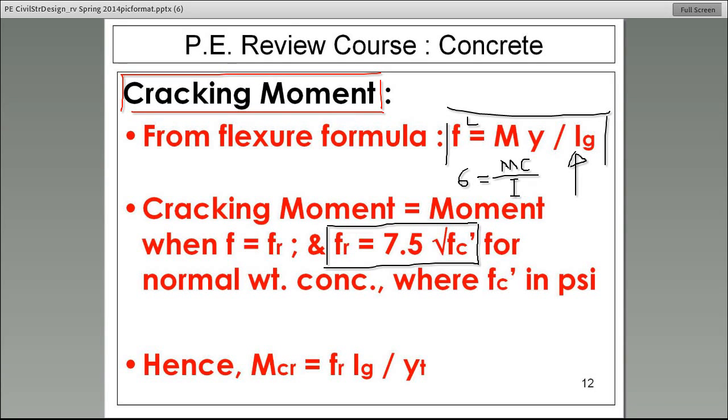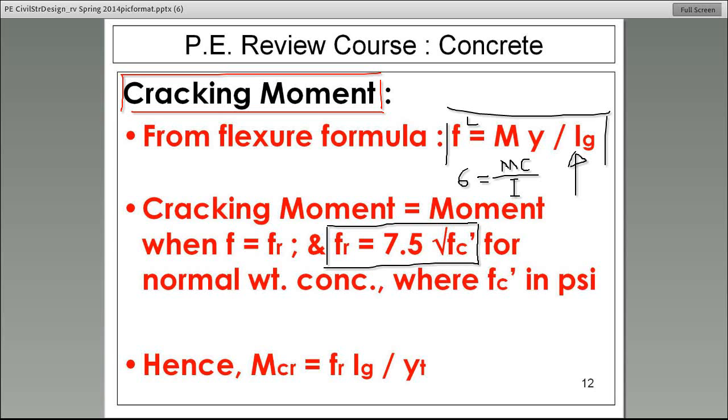And basically, that is the stress. Now, pay attention. That is the stress that causes that first crack to occur on the tension side of the beam. All right? f, because it is a stress, and r, because it causes rupture. We don't call it rupture stress.